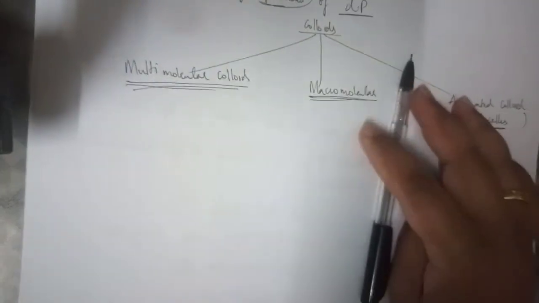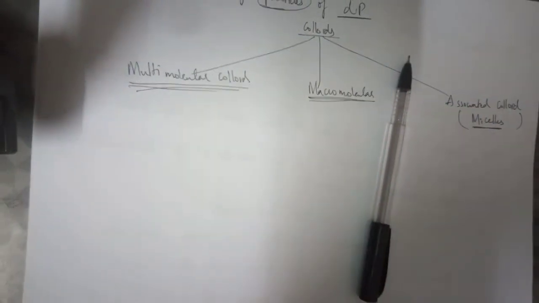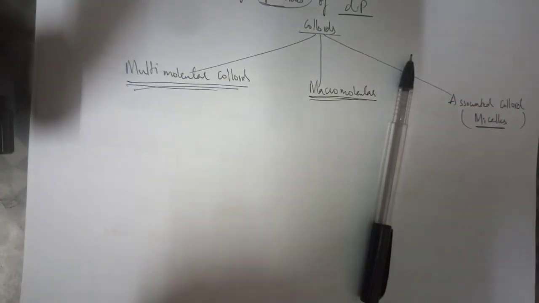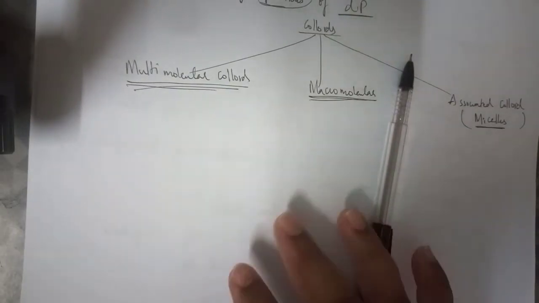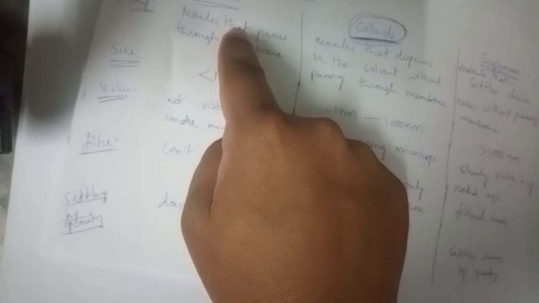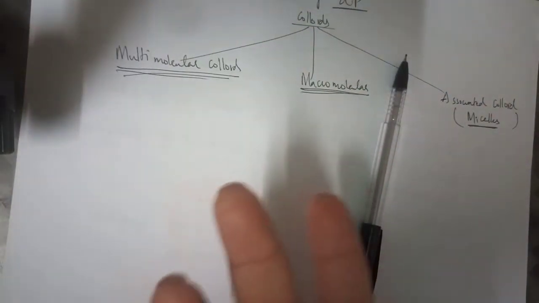Suppose I have a particle of size 0.5 nm. Tell me in which category it will fall. As I said already, 1 nm or less is a true solution. So 0.5 nm should fall into true solution.